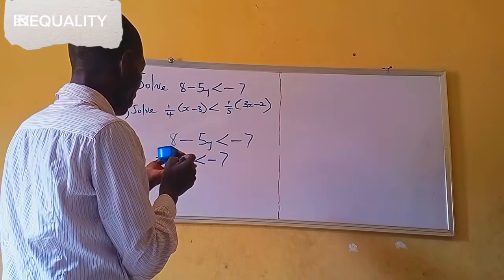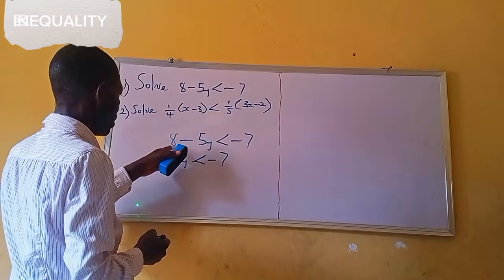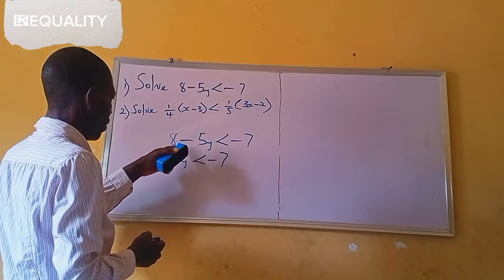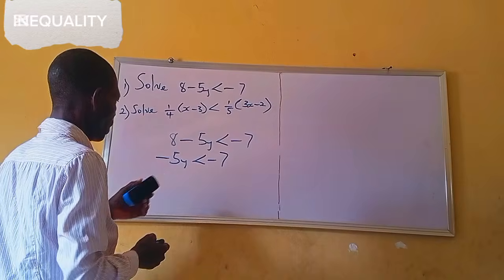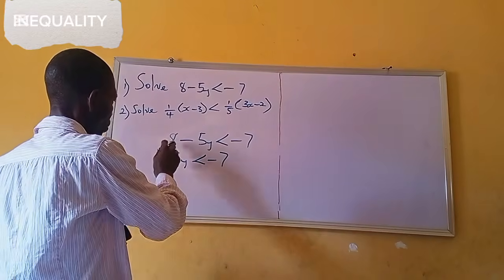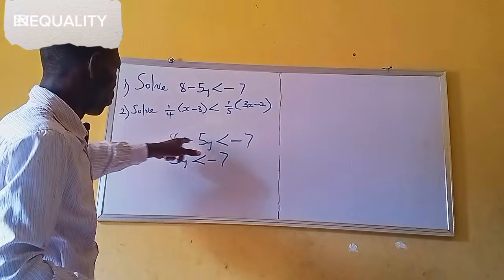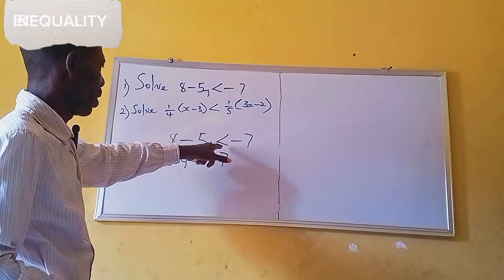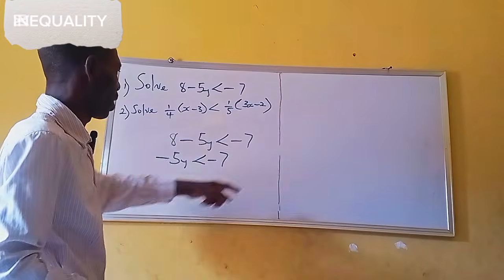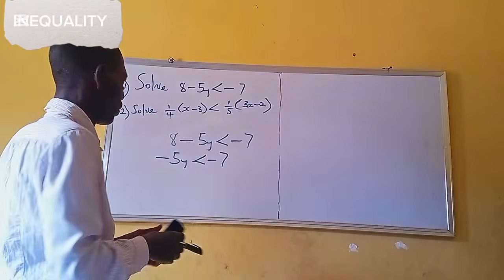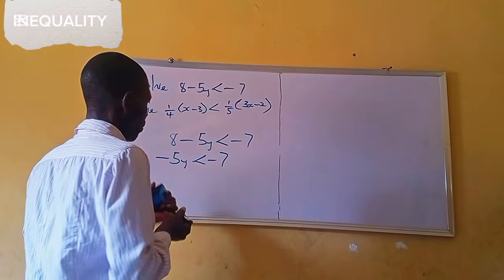This 8 has no variable, so we are going to take this 8. This 8 will cross this inequality sign. When it crosses the inequality sign to this side, it's positive here, so it's going to change to negative. So it's going to be minus 8.